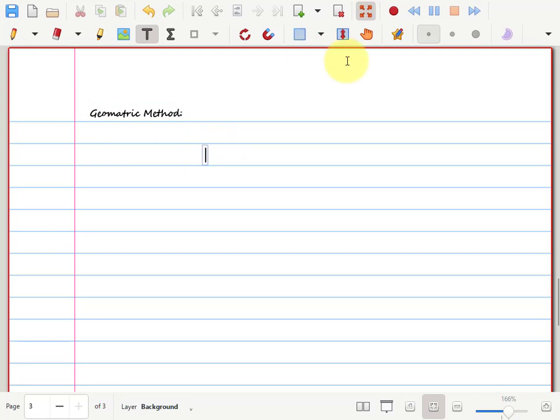For the geometric method, the formula we got is Pn, the year for which you are finding the population, will be equal to P naught, similar to the previous, into 1 plus R divided by 100, with n as a power to the whole.